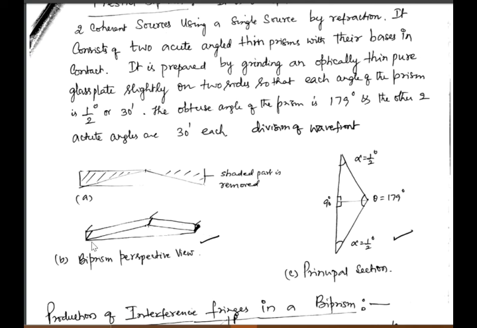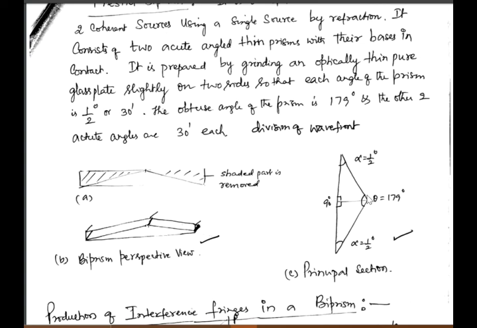This angle will be half a degree. This is what is called the three-dimensional perspective view of the biprism. This is how the glass plate is cut and made into a biprism. So here the angle of the prism is just half a degree.